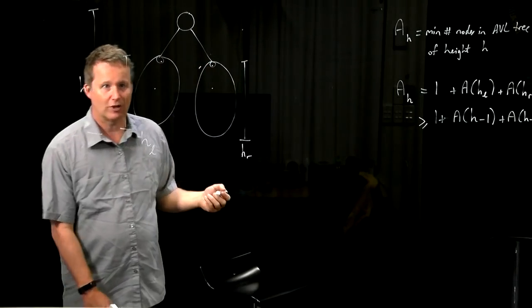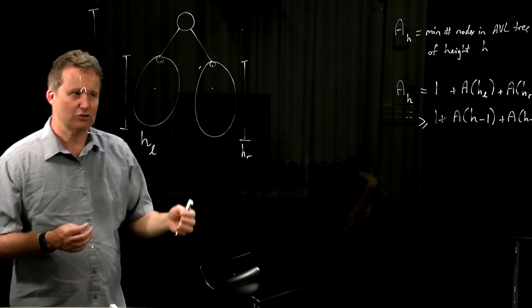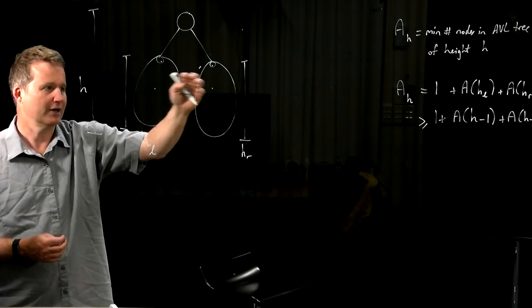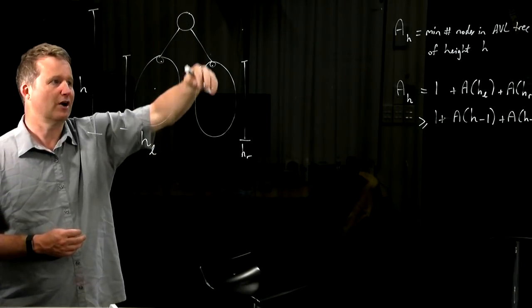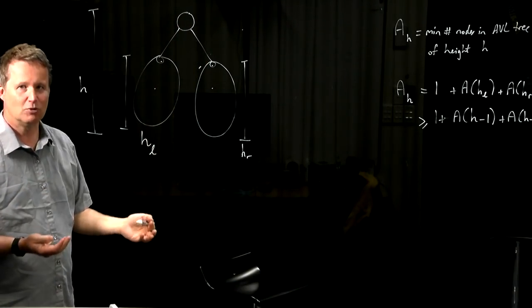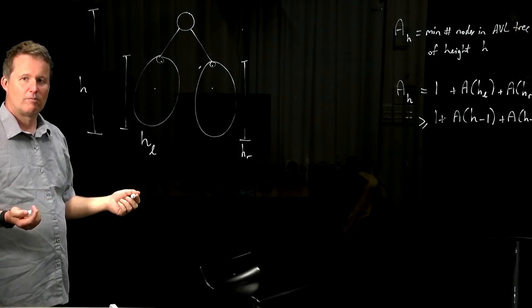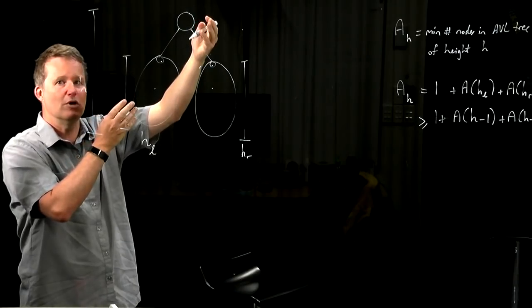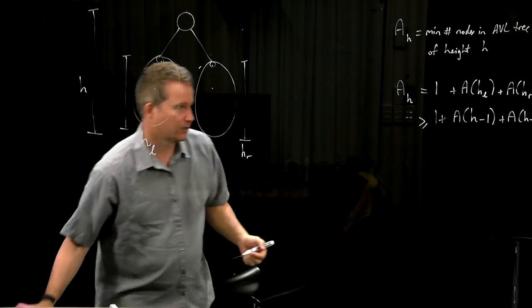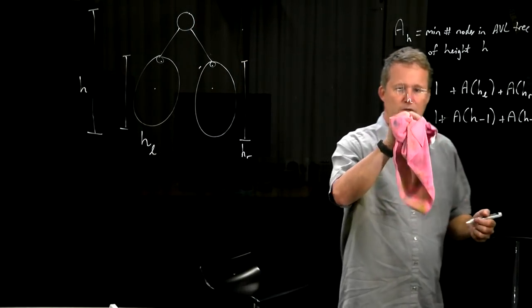It's not just an inequality. If I have a minimizing tree of height h minus 1 here and h minus 2 here, or vice versa, I will get an AVL tree of height h, and you can't get a smaller one. If I had two things here of height h minus 1, I would certainly get more. So in fact, you actually get equality over here.